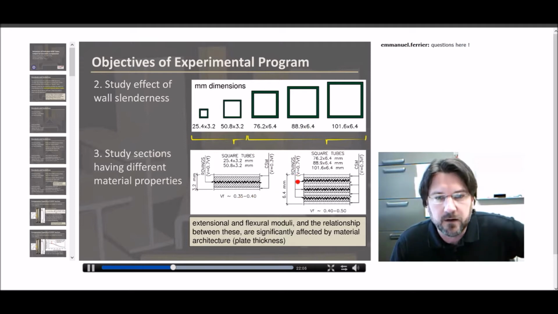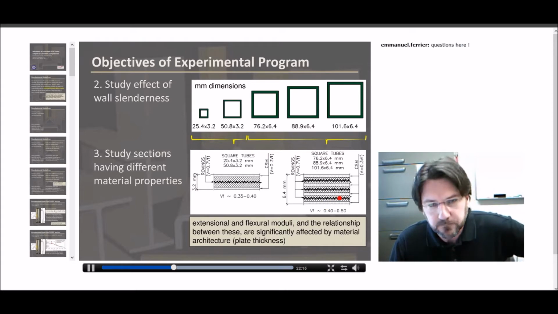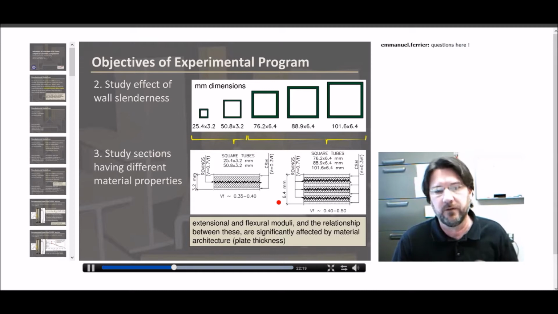The thicker 6.4 millimeter walls actually have 3 rovings, one in the middle and then one to either side of that. Slightly larger fiber volume ratios, up around 50%. But the architecture of these walls is very, very important.